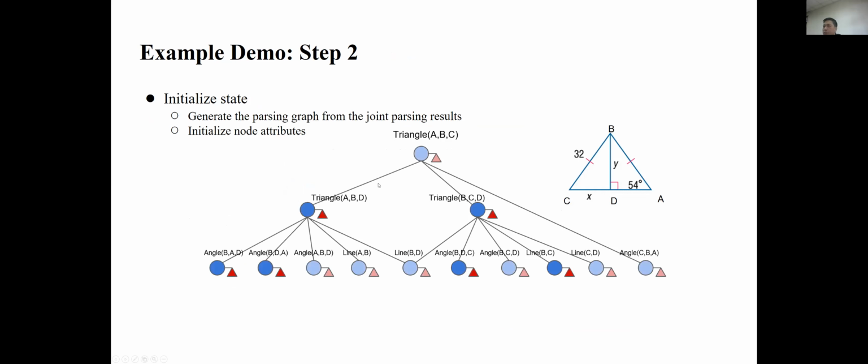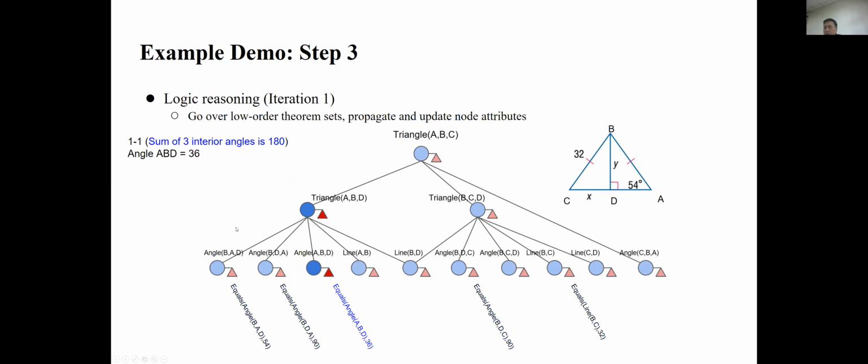This is an example. You have this diagram decomposing triangle ABC into two triangles, ABD and BCD, and each of them has attributes, some learned angles. The sizes of the angles are equal. For example, this is 32, this is 54, this is 90. So you have some values assigned, and then use some theorem. For example, the sum of interior angles of a triangle is 180 degrees.